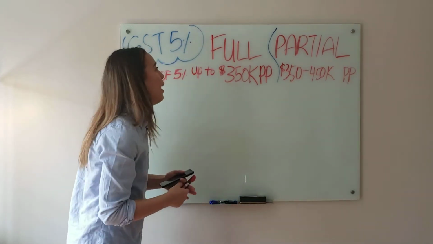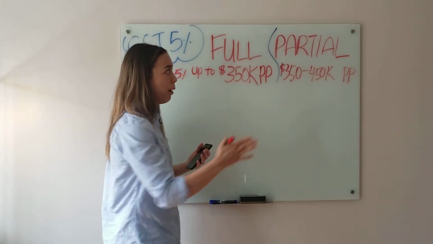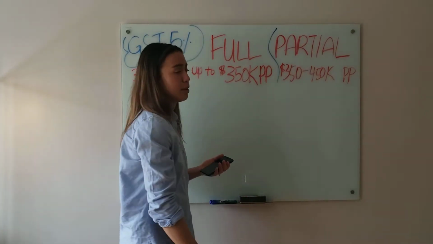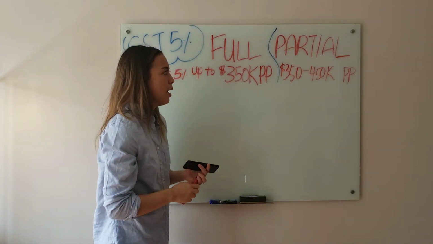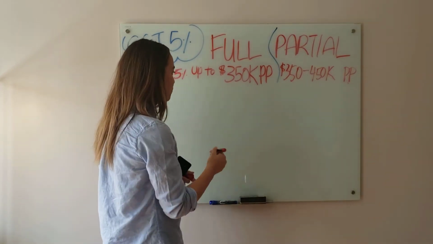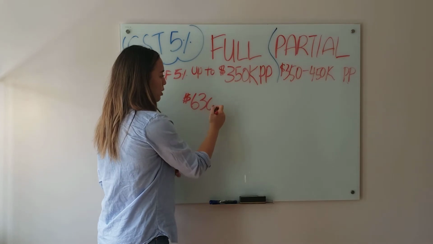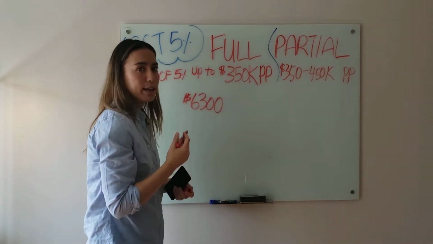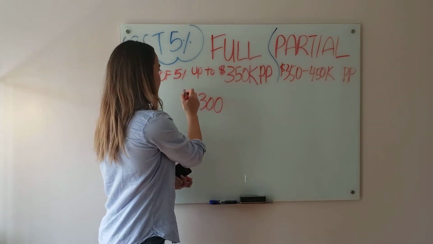so I'll leave a link. But getting back to GST, now we have to figure out how the partial GST rebate is calculated. This one is a little bit more confusing, but that's okay. I'll work through it with you. Essentially what you do is you take the maximum GST rebate that's available for the full rebate.